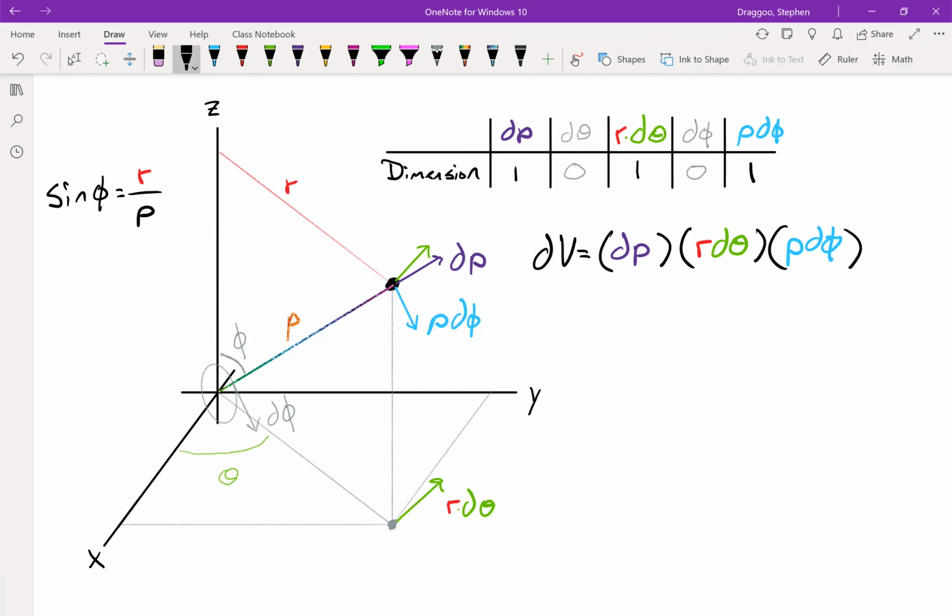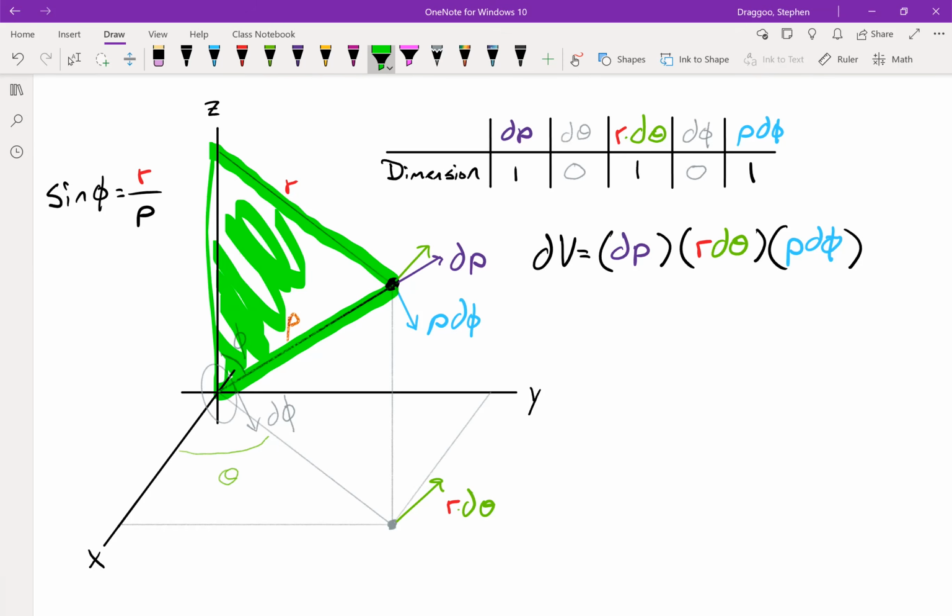If we look at the triangle that is in the ZR plane, we're looking at this triangle right here. And we should be able to see that if we examine our angle phi, which is down by the origin, this is a right triangle, since the intersection of r and z would make a right angle.